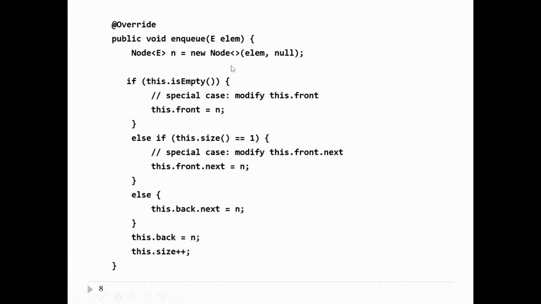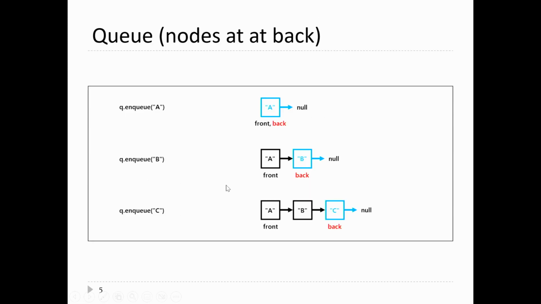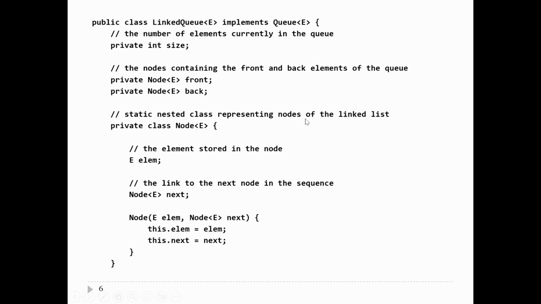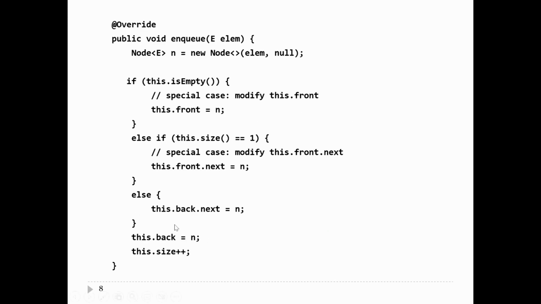For the first line here, we make our new node. I now need to hook up back here. When you make your new node B, you need to take the current back node and hook it up to the new node. So I need to take the current back node and set its next field so that it points at the new node.